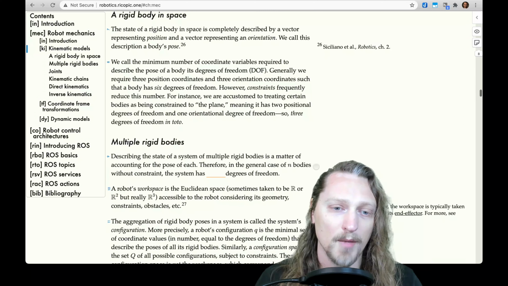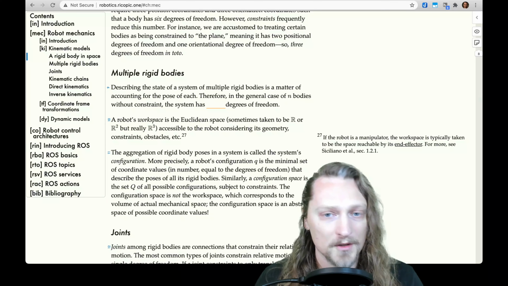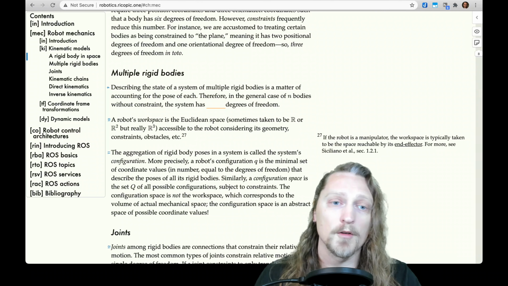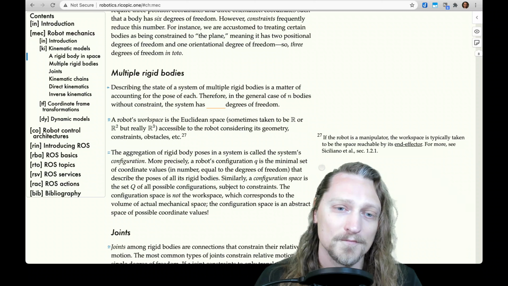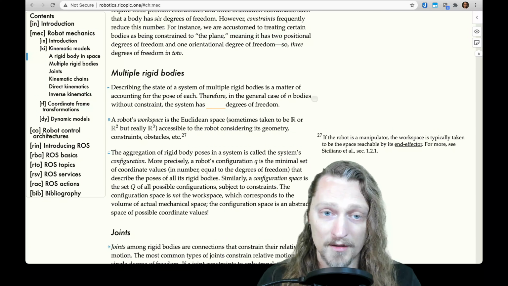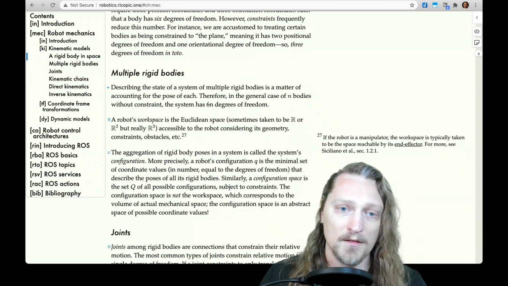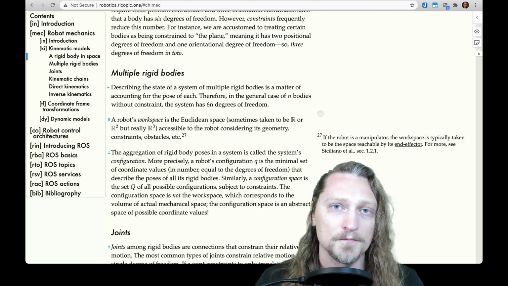Multiple rigid bodies. Describing the state of a system of multiple rigid bodies is a matter of accounting for the pose of each. Therefore, in the general case of n bodies without constraint, the system has 6n degrees of freedom.